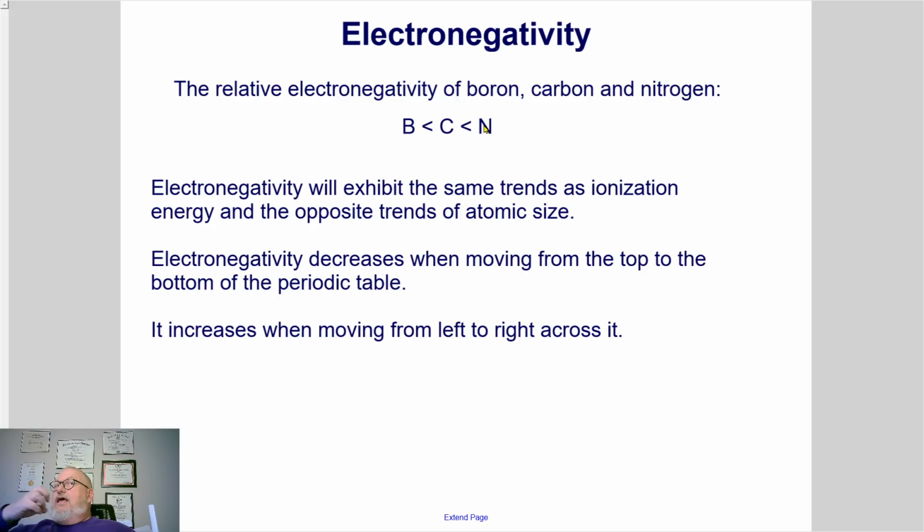Boron is 3. Nitrogen is going to grab an electron a whole lot easier than carbon will. So electronegativity will decrease when you move from top to bottom of the periodic table. It increases when you move from left to right across it.